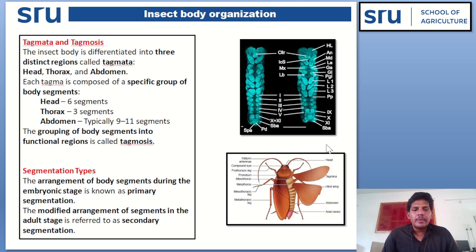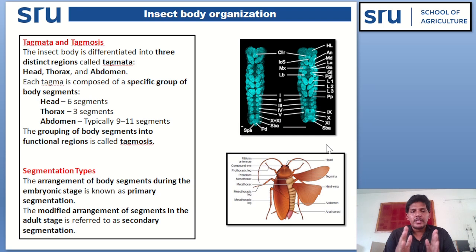Then what do you mean by tagmata and tagmosis? Tagmata is equal to a region. The insect body is divided into 3 regions: head, thorax and abdominal region.